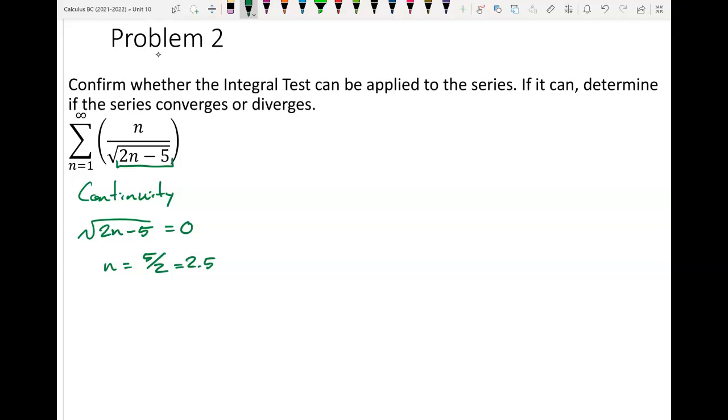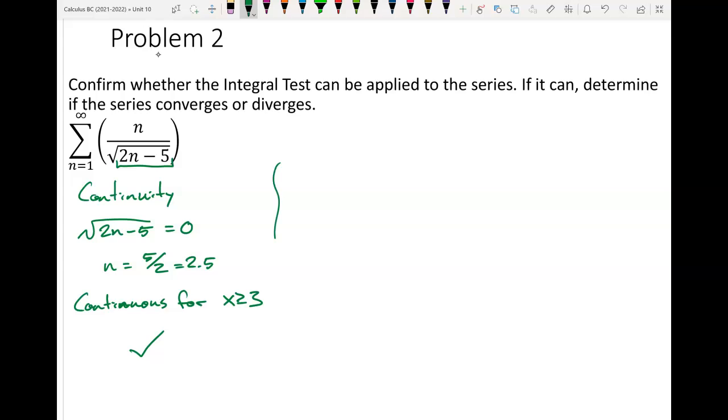So we can pick a value greater than that. Let's look at n equals 3. We can say that it is continuous for x greater than or equal to 3, right? If we pick a value at some point, then we're always going to be continuous after that point. Does that make sense? So that one is good. We have that continuity for some value greater than 1 and beyond.